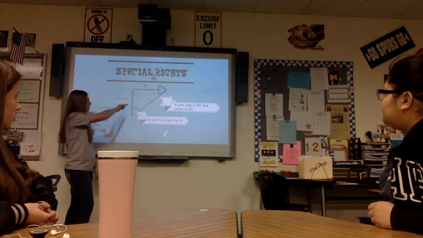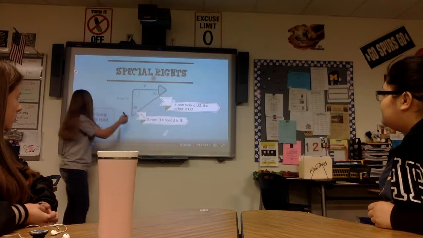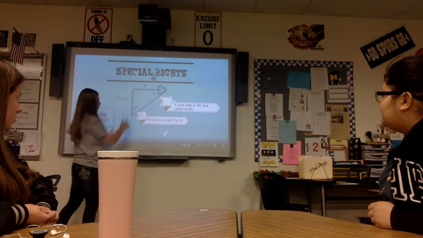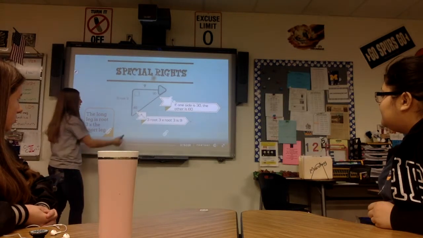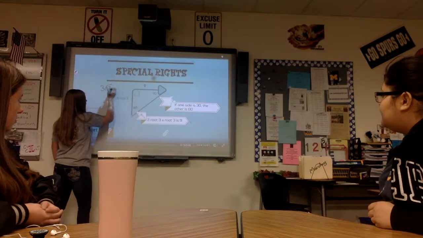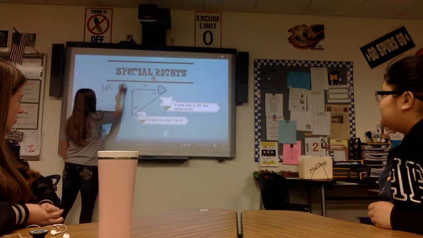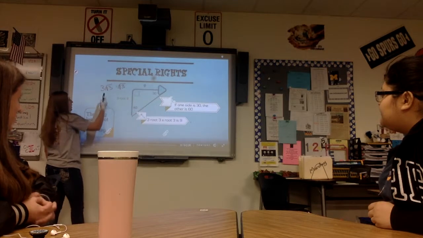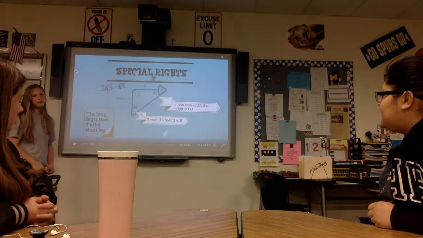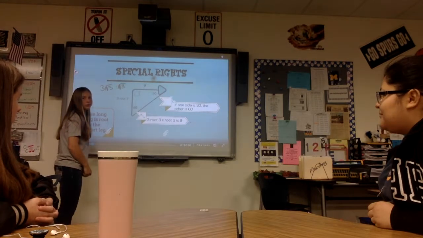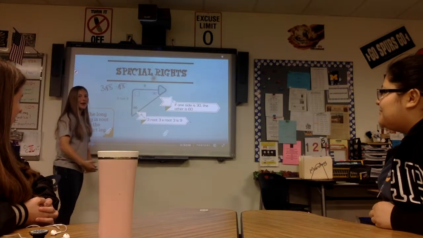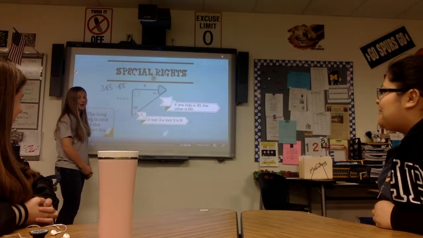Now your short leg is going to be 3, but your long leg is √3 times your short leg. Okay? So we have 3 √3 times √3. Now, what happens whenever you have a whole number outside of your radical?